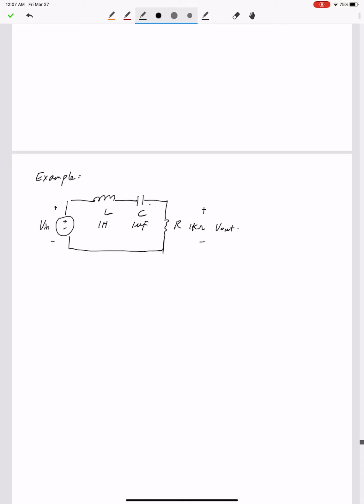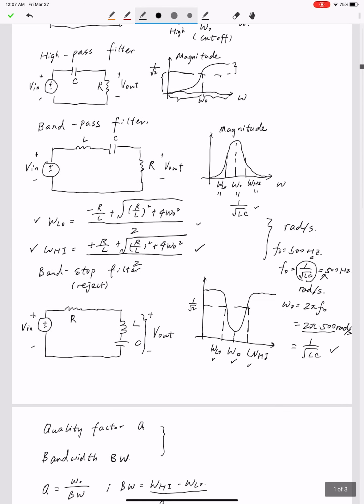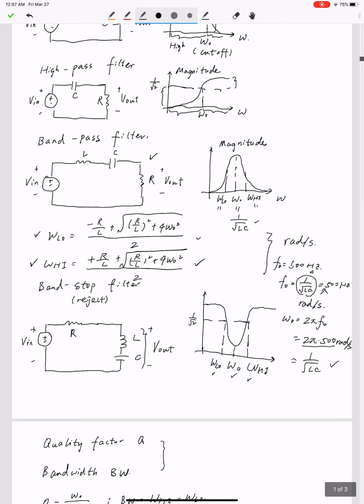Alright, so that's the circuit we have, and based on this circuit configuration, we can identify this is a bandpass filter, right? Because this circuit configuration is identical with a bandpass filter.